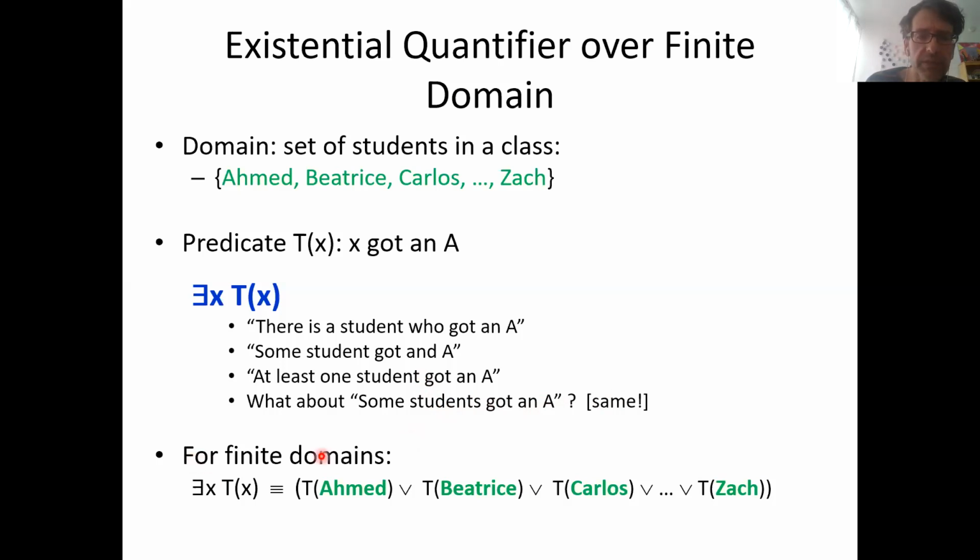So if you look at this for finite domains, then you can express this quantified statement as one big disjunction. When a domain is finite, and I say there is some x that satisfies this predicate, well, I can say it in this manic but equivalent way: the predicate holds for either the first guy or the second or the third, to the last.